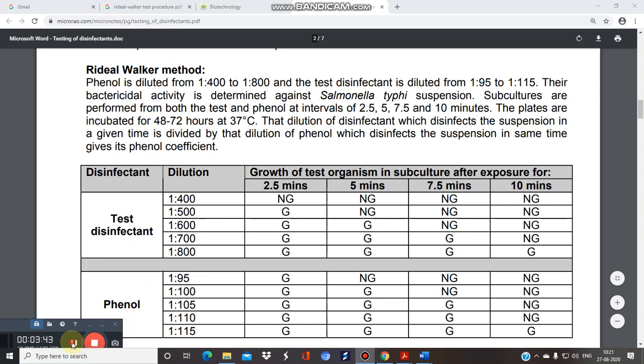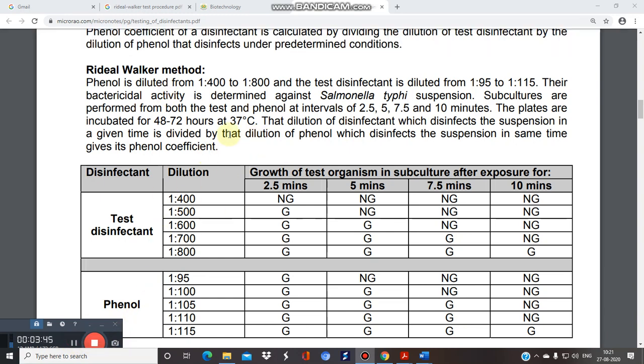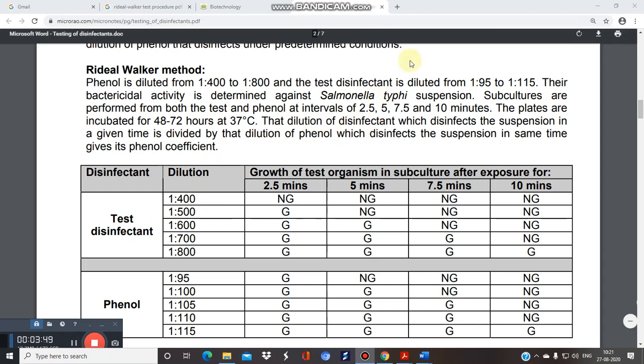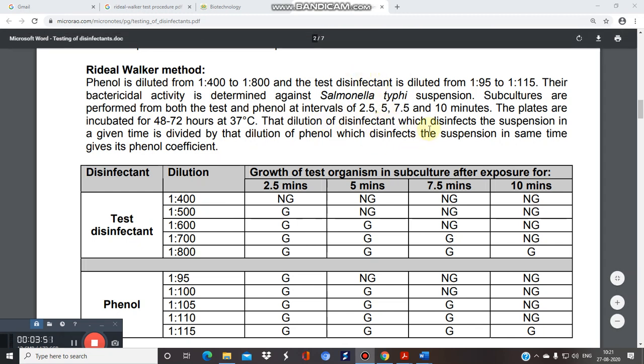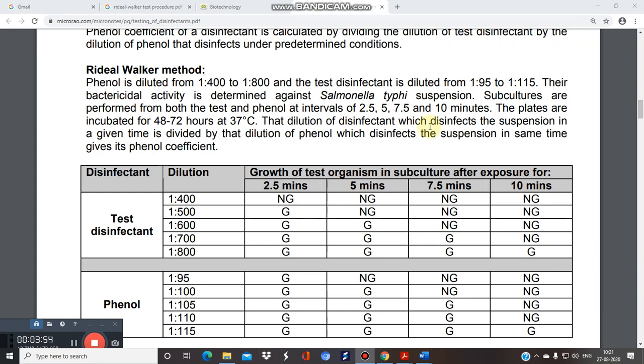Next, see how we will calculate the Riddle-Walker coefficient. The dilution of your test disinfectant which disinfects the suspension, suspension of what? Suspension of Salmonella typhi, means suspension of the microorganism.